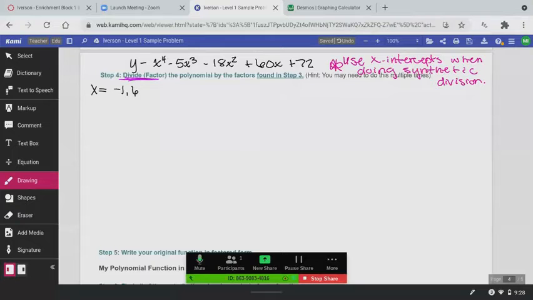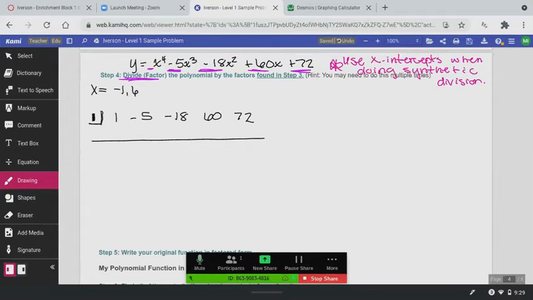And then when I start to divide, I'm going to start with my smallest number, which is -1. So I'm going to put -1 in this box. And then I am going to write my coefficients: 1, -5, -18, 60, and 72.